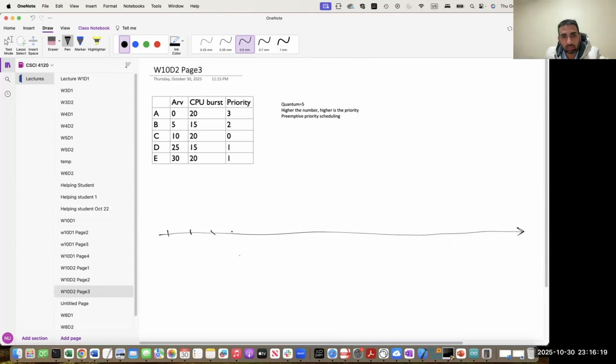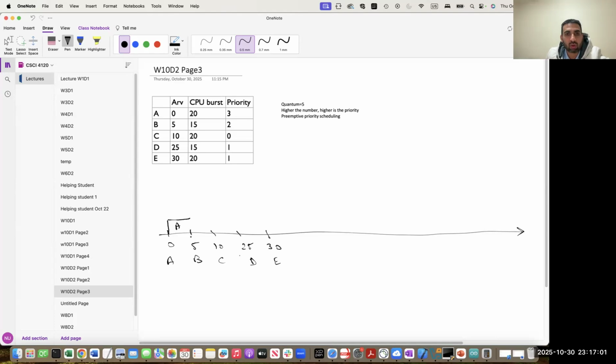And this is round robin as well, for those processes which have the same priority level. Arrival times are 0, 5, 10, 25, 30 for A, B, C, D, E. At 0 only A is ready, so we allow A to run for 5 time units.